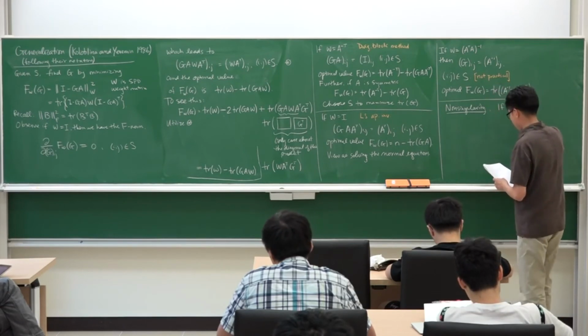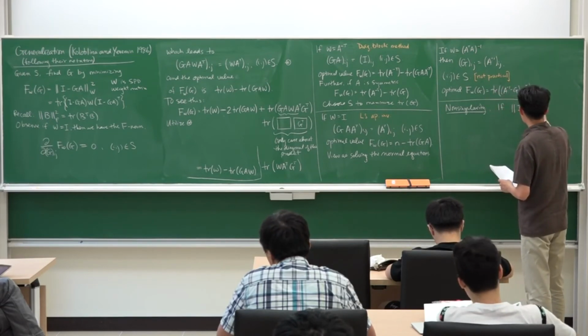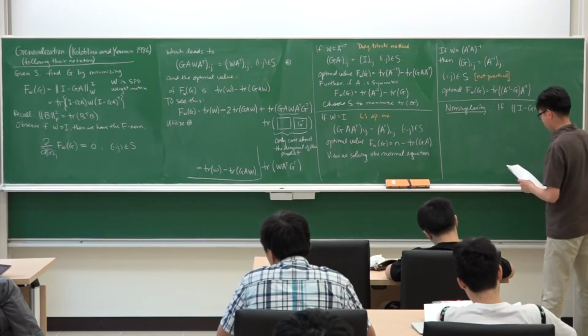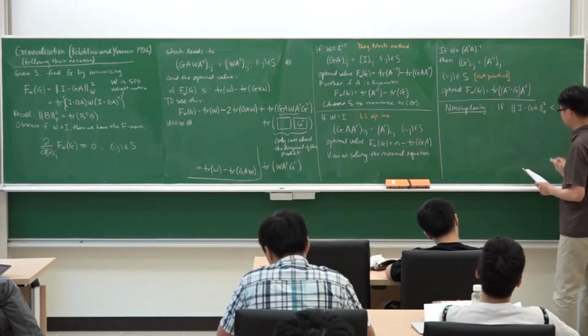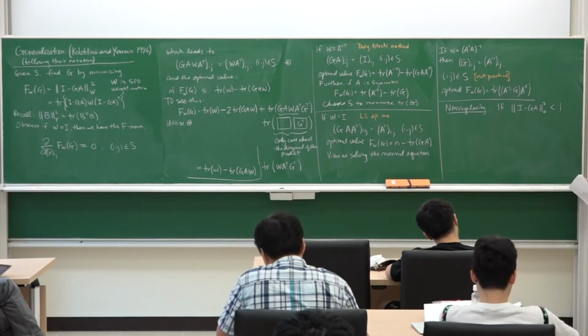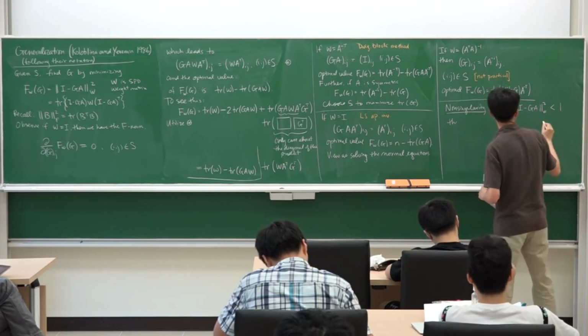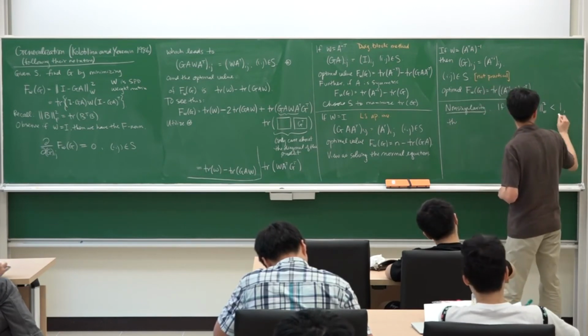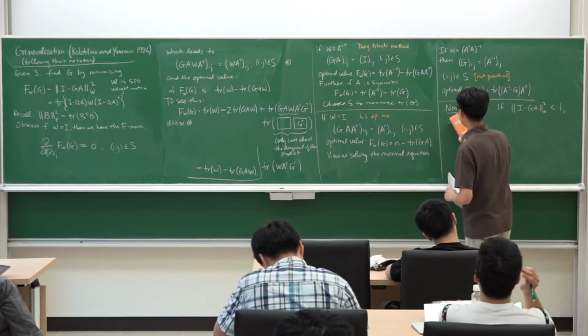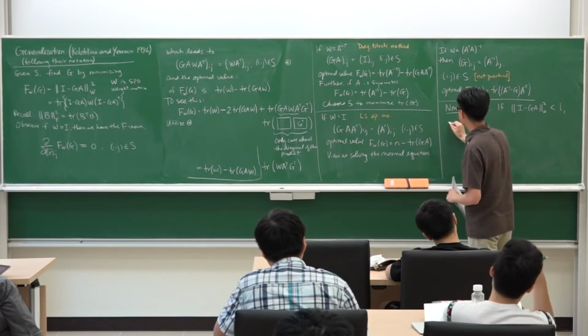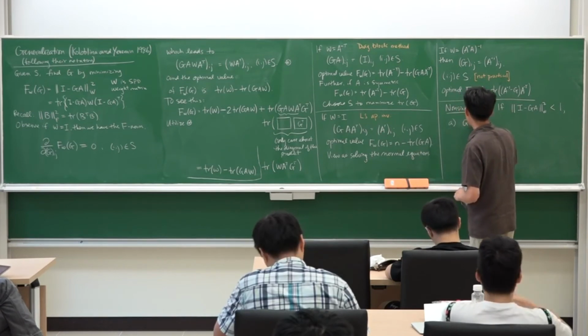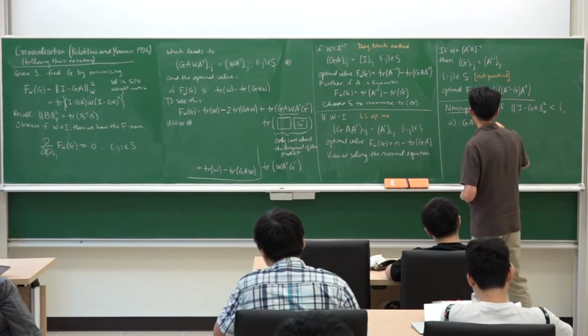So if I minus GA in this W norm is less than 1, then we can say three things. One is that GA is non-singular.